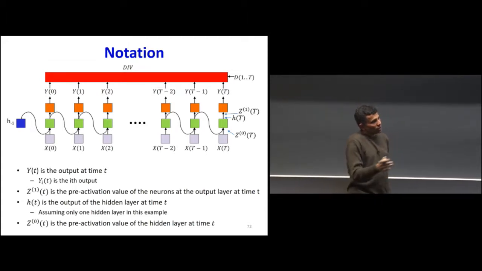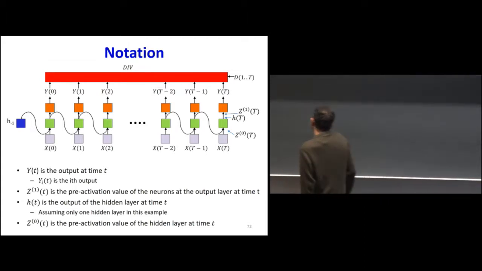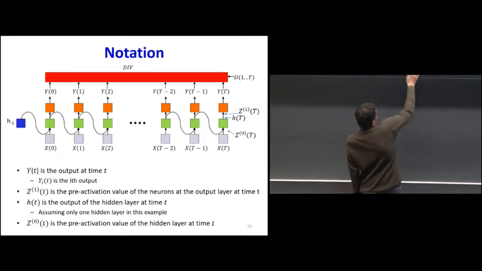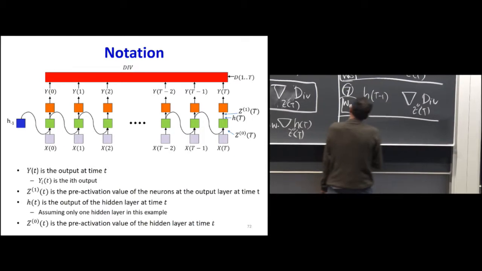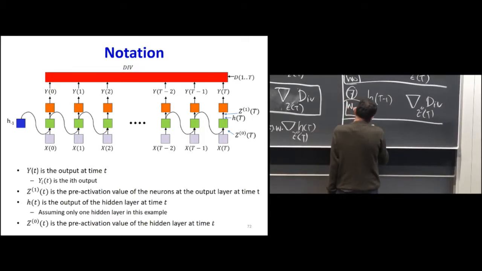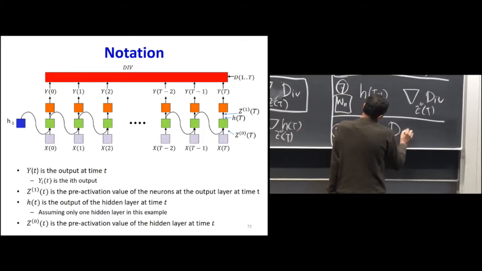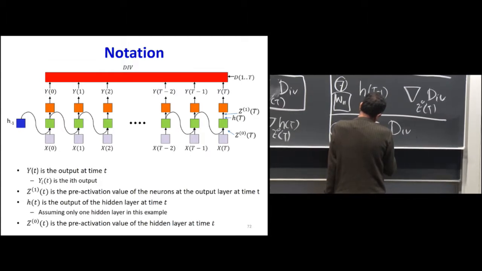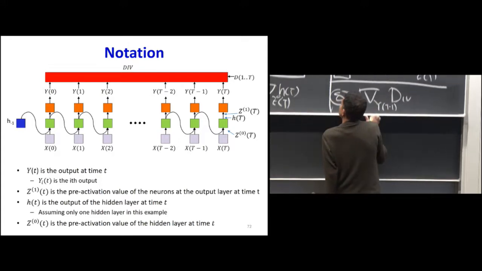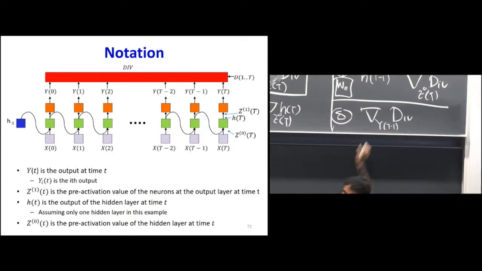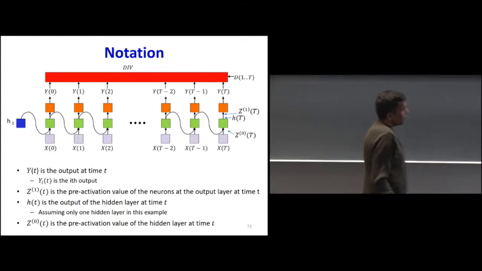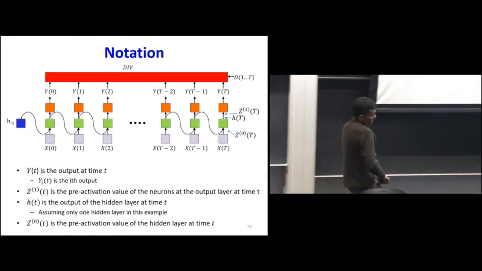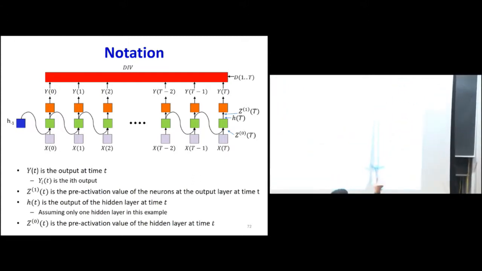I'm going to assume that I've already got the derivative of the divergence with respect to y of t minus 1. This is given to me, okay? Because that's how we have defined our divergence.